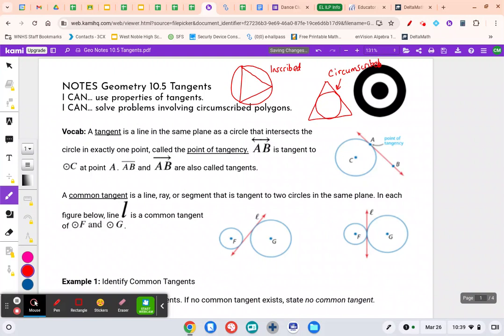Okay, so vocab here. A tangent is a line in the same plane as a circle that intersects the circle in exactly one point. Now, we already learned about sine, cosine, and tangent, but this tangent is a little bit different. It is where a line intersects a circle at just one point. So right here, point A is a point of tangency.